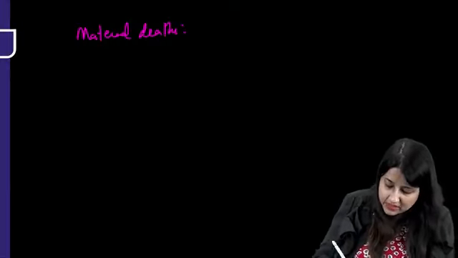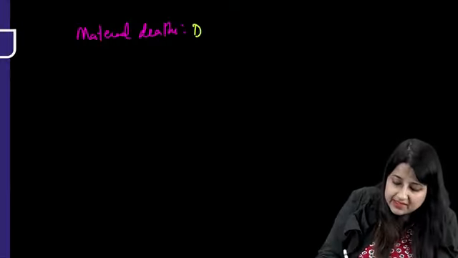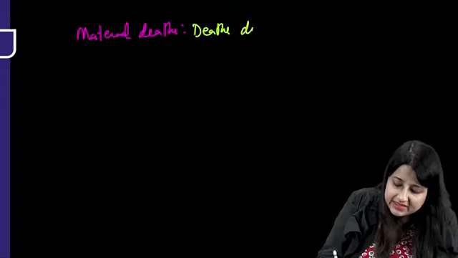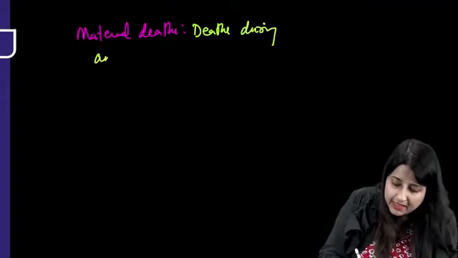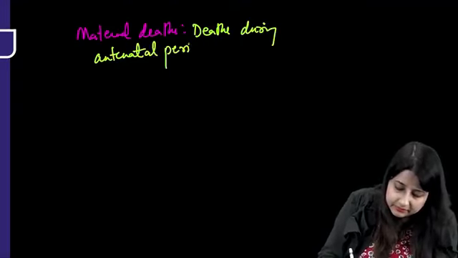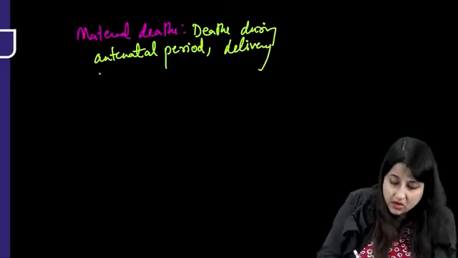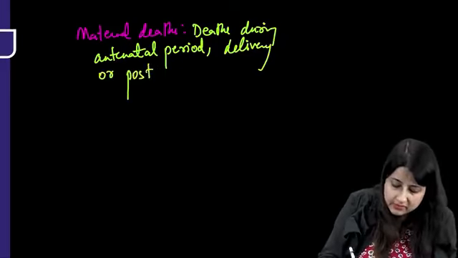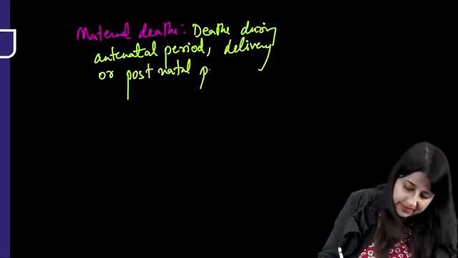Now you would ask me, ma'am, what is maternal death? So as we have done earlier also, what do you call maternal death? So maternal death, everybody, is the death during the antenatal period, or the death that occurs during delivery or the postnatal period.